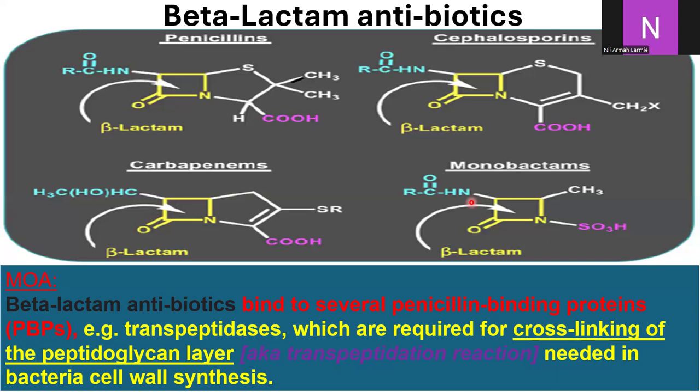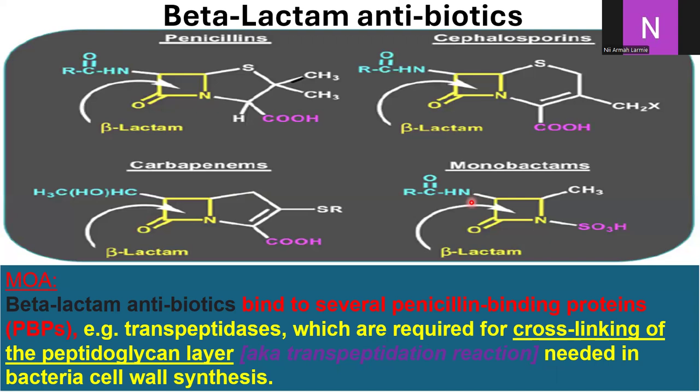If you still remember when we talked about the characteristic differences between gram-positive and gram-negative, one of the things is that gram-negative have single layers, whereas gram-positive have multi-layers. Now, each layer is made up of the peptidoglycan.